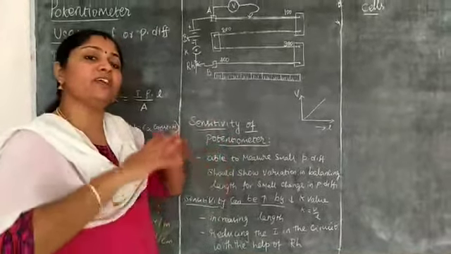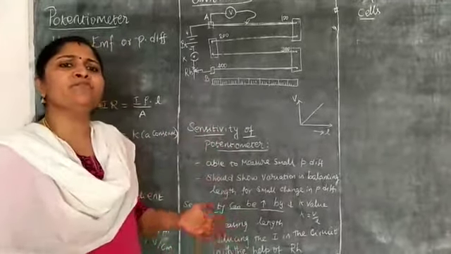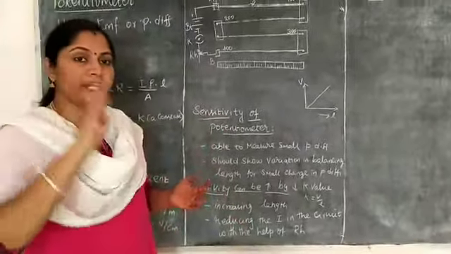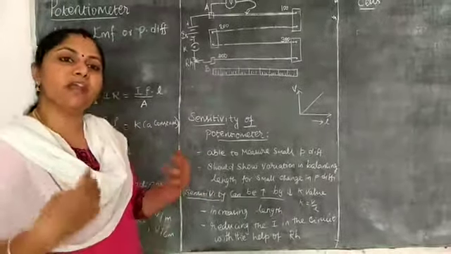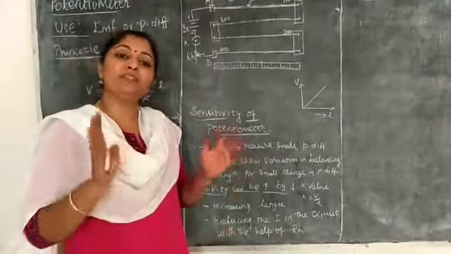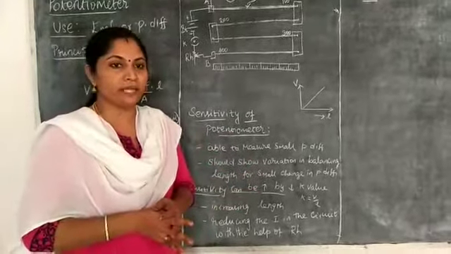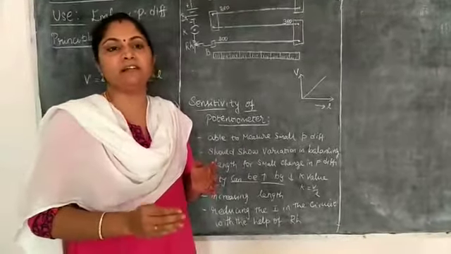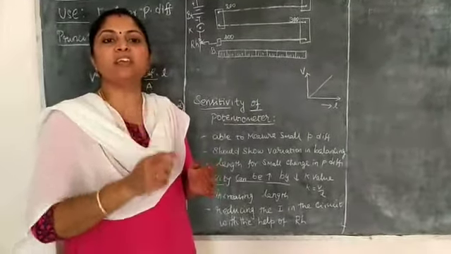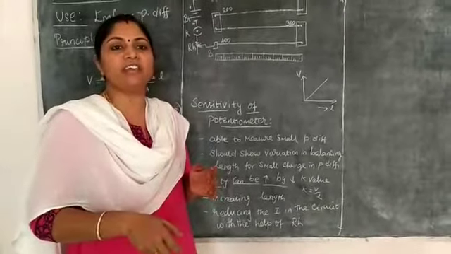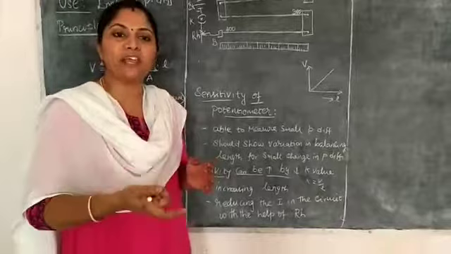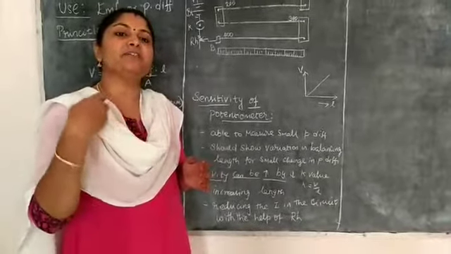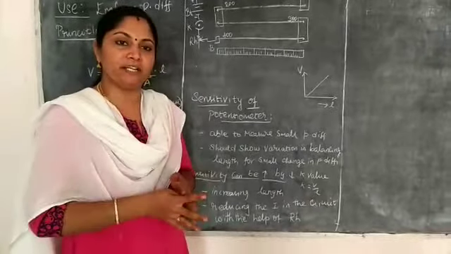That's why we are using a long wire here, from 4 meter to 10 meter. In our laboratory we have a potentiometer with 10 meter long wire. So length should be increased and current should be decreased, by which we can decrease the value of K, with which we can increase the sensitivity of the potentiometer wire.